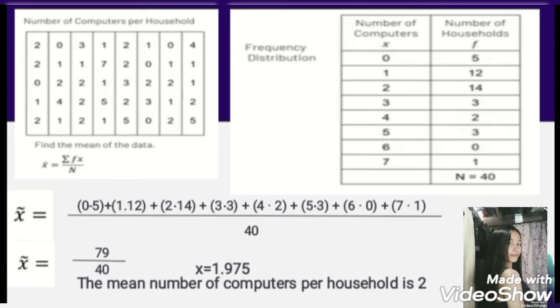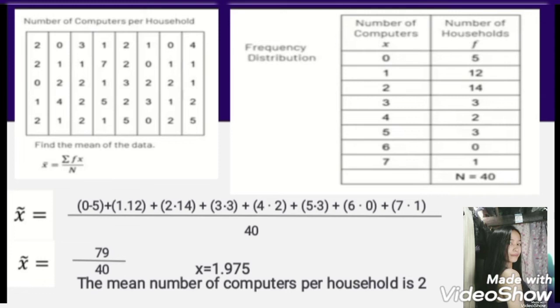So this means that there are 5 households that have no computer, 12 households that have 1 computer, 14 households that have 2 computers, and 3 households have 3 computers, and so on. The total is 40.